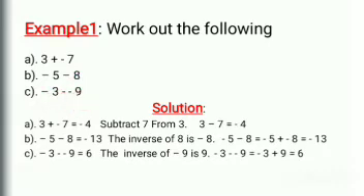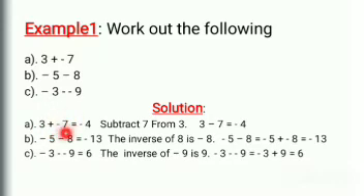Now, the solution here, 3 plus minus 7. The answer is minus 4. That is, you subtract 7 from 3. Is that okay? So if you subtract 7 from 3, if you want to change this plus to negative, what you need to do is you now subtract the inverse of minus 7.